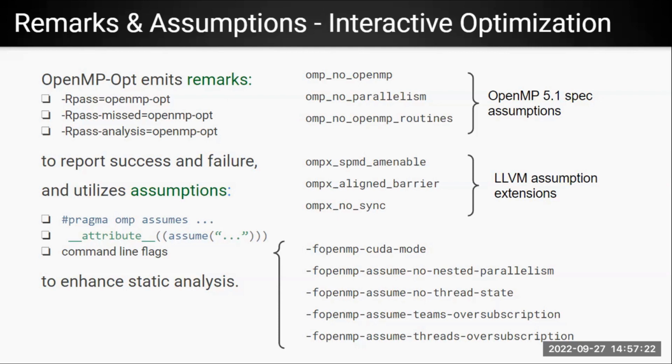No thread state is: I will not change an ICV value while I am in a parallel region. Why is that a problem? If you're outside of a parallel region, there's conceptually one thread. If you change an ICV value, for example, you set max num threads or you do something else, you effectively change that for all of the threads because there's only one conceptually.